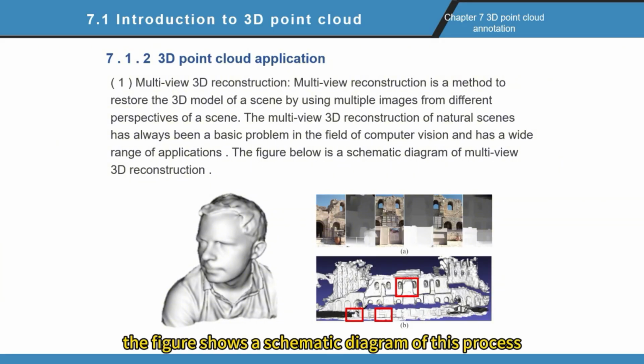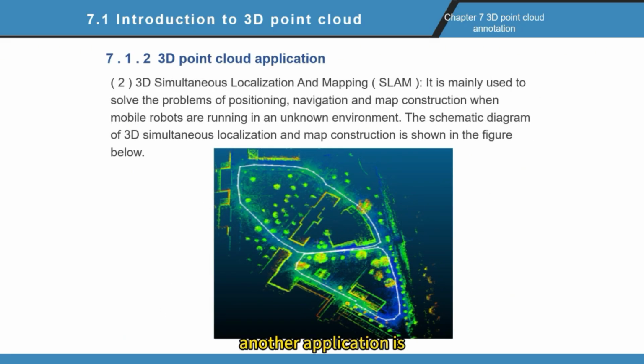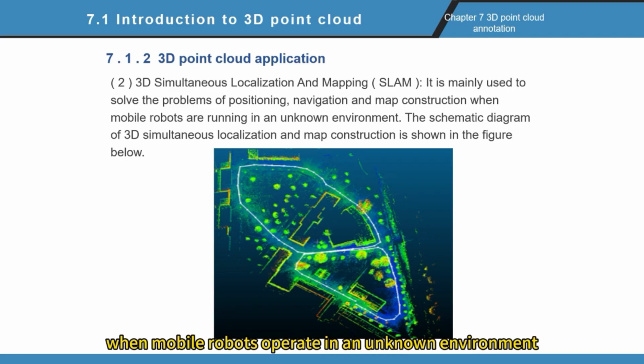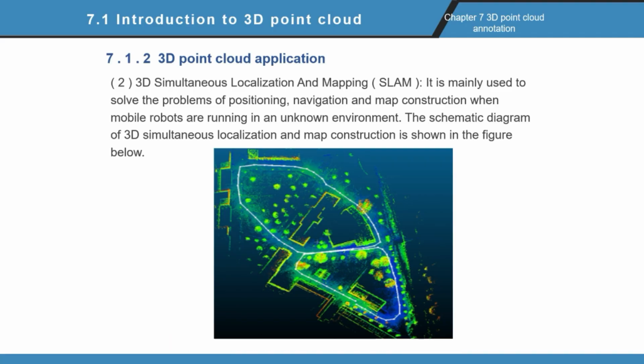The figure shows a schematic diagram of this process. Another application is 3D simultaneous localization and mapping, or SLAM. It mainly solves the problems of positioning, navigation, and map construction when mobile robots operate in an unknown environment. The figure shows a schematic diagram of 3D simultaneous localization and map construction.